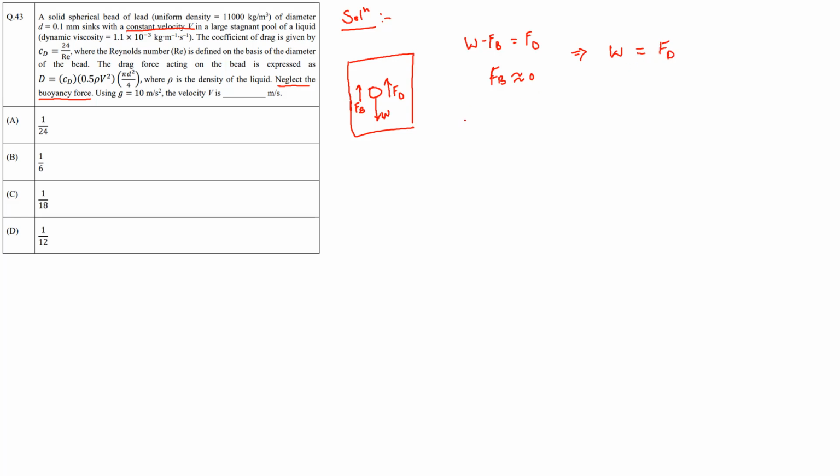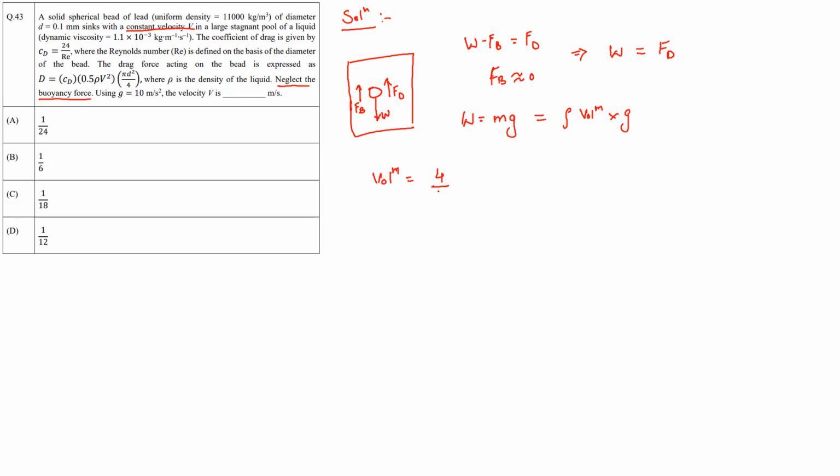Now the weight is simply given by m times g, and the mass of the bead can be written as density of the bead times the volume of the bead, times g. And since it's a spherical body, we can easily find its volume.